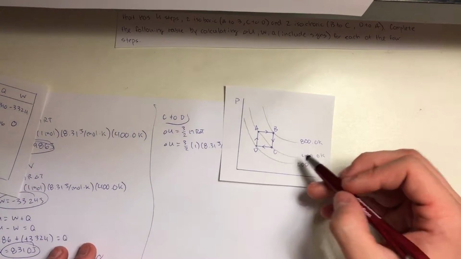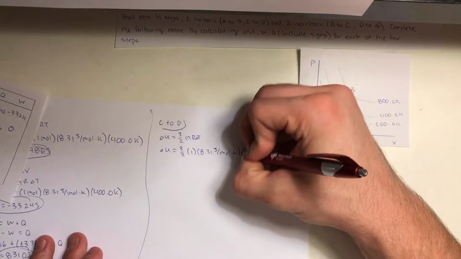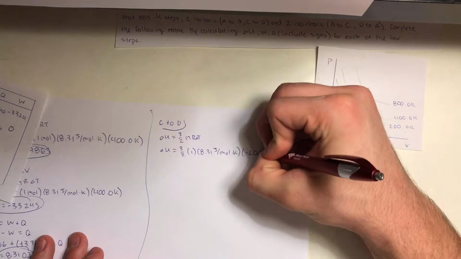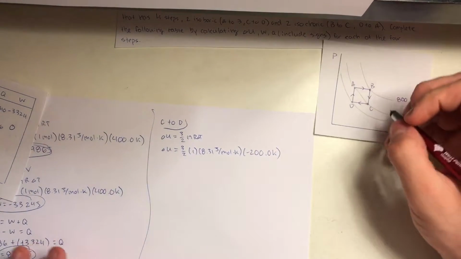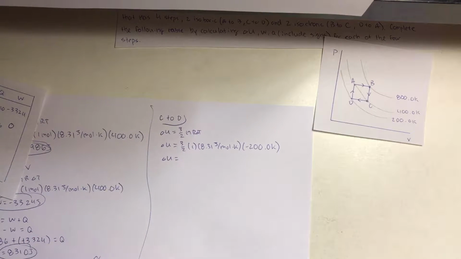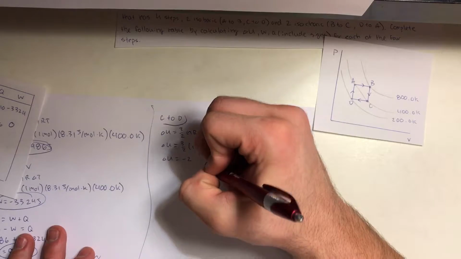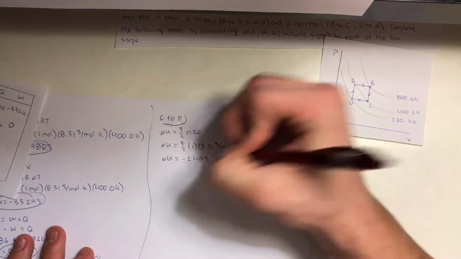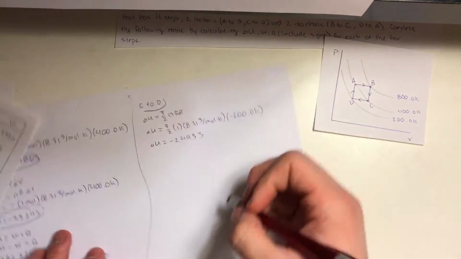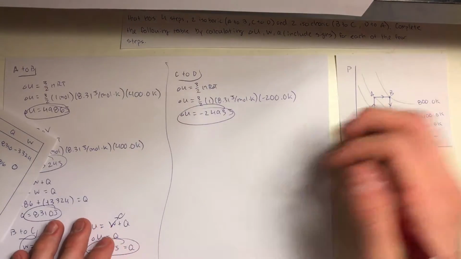Change in temperature, we go from 400 to 200. 200 minus 400 is a negative 200 Kelvin. That comes out to be a negative 2,493 joules. Circle. I like my circles.